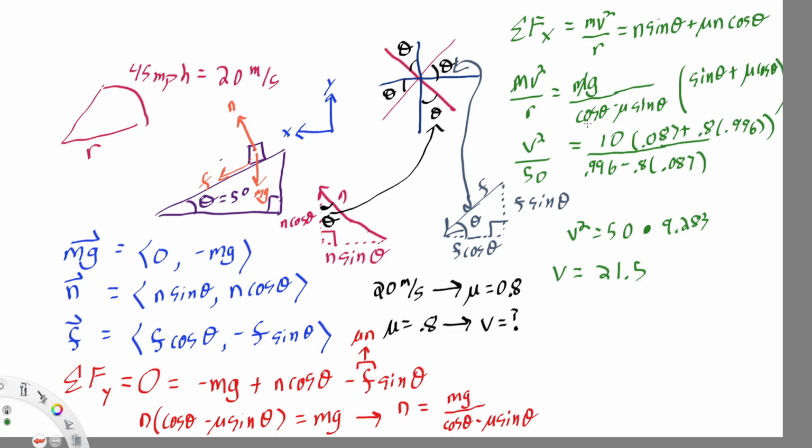So Jasmine, if you're calculating everything on the right-hand side here, that's not v, that's v squared over r.